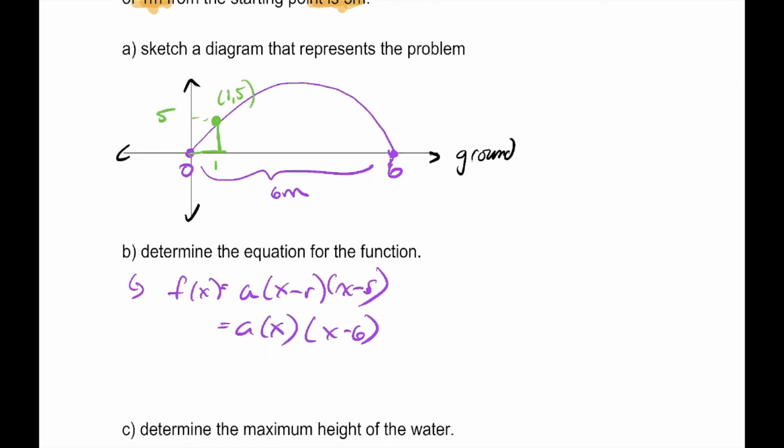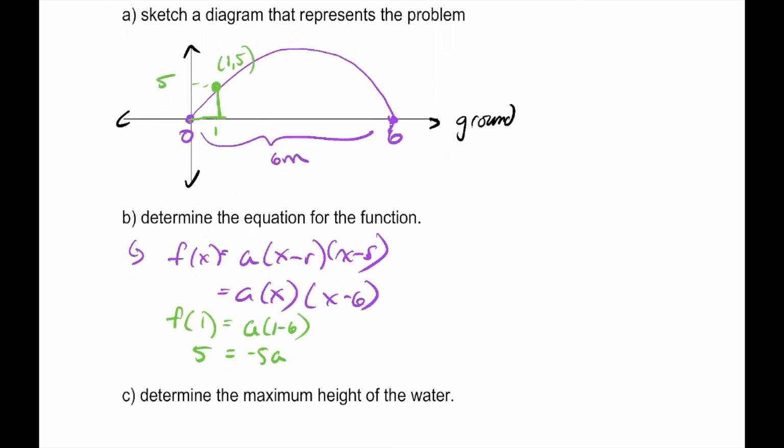In other words, here when we're saying that f of 1, that's going to be a times 1 minus 6, the answer to that is 5. So that's going to be negative 5a. So we discover, oops, not divided by a, but we're dividing by negative 5. So that implies that a is equal to minus 1.